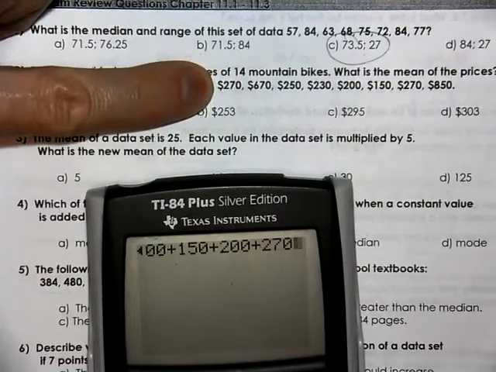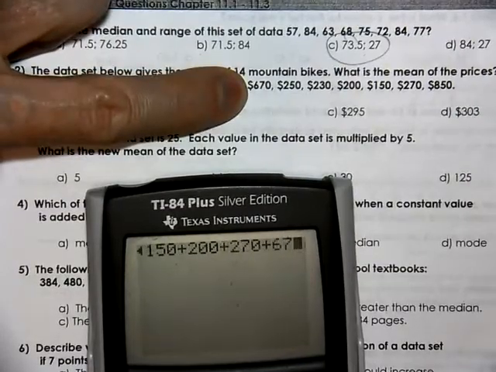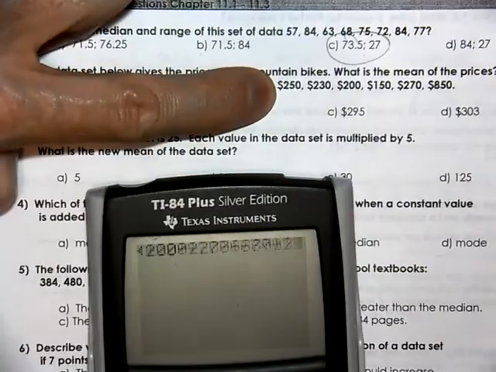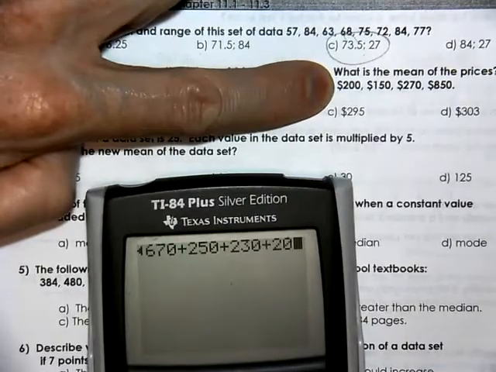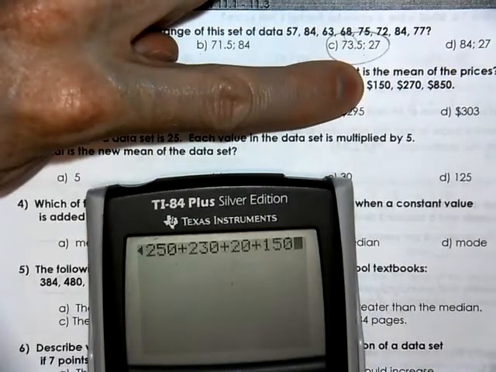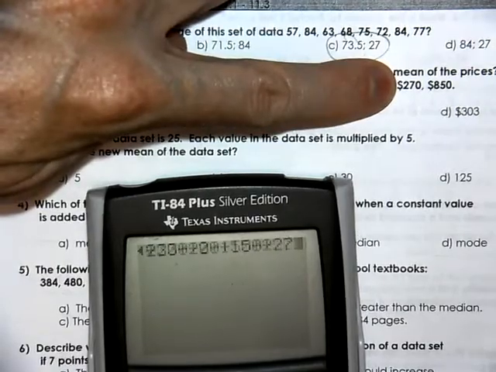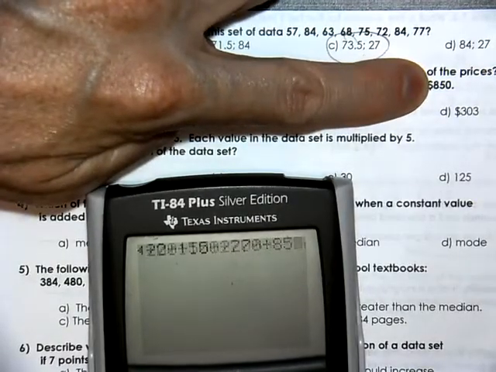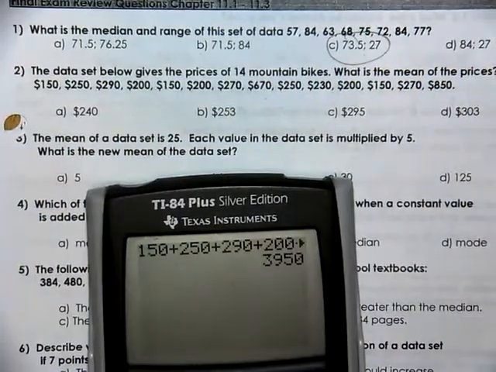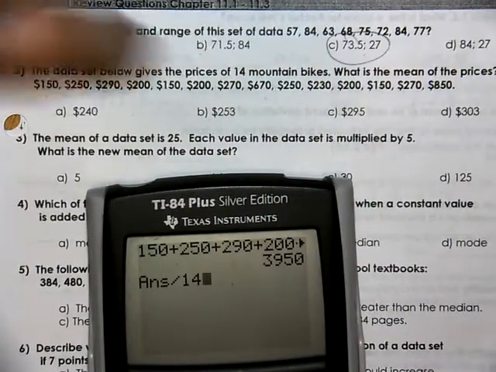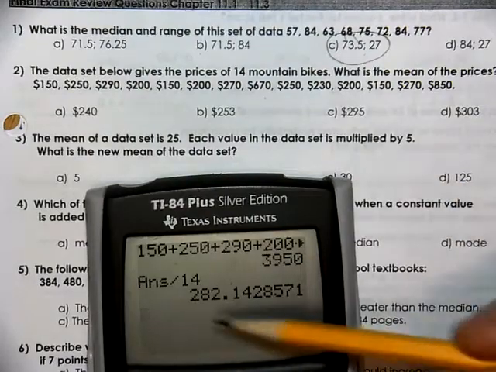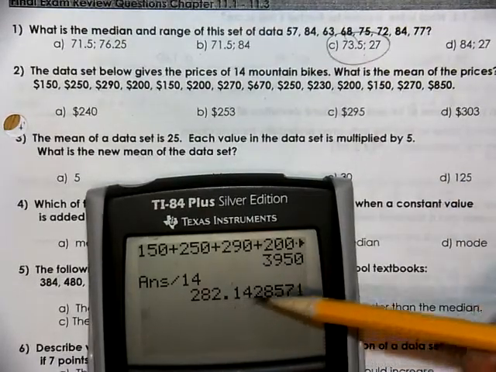Just want to be sure you type them in correctly. And we divide by the number of bicycles, which was 14. So we have $282.